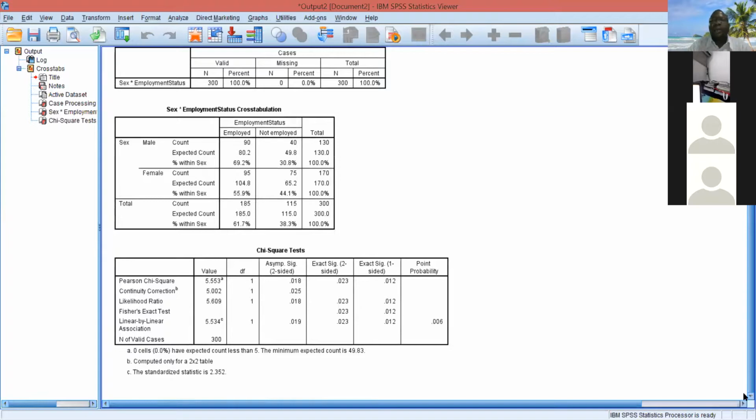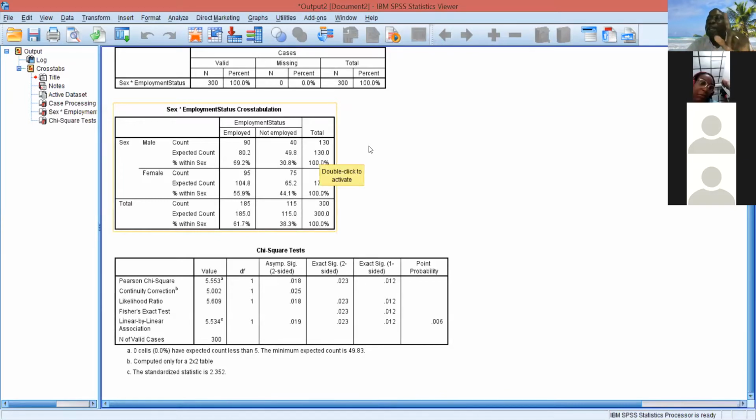Now let's interpret the result. You will see the same 2 by 2 table, male, female. Look at the observed value rather, 90, 40. Then look at the expected value we calculated the other time, 80.2, 104.8, 49.8. Can you see the expected value also?